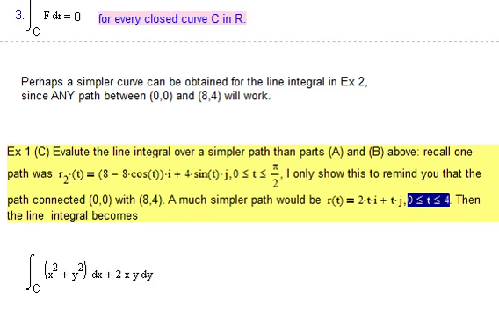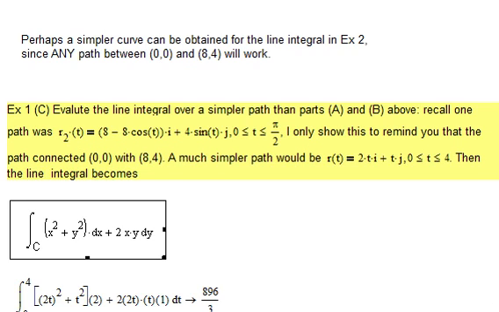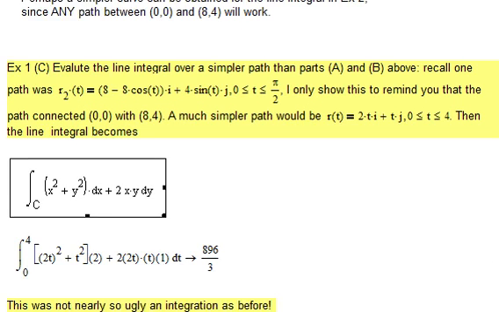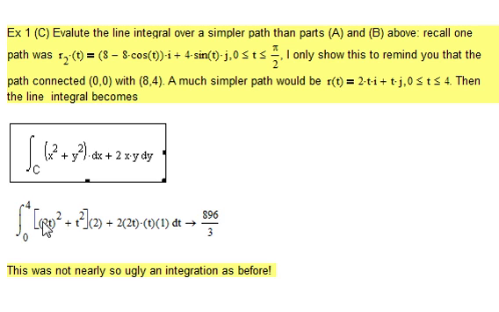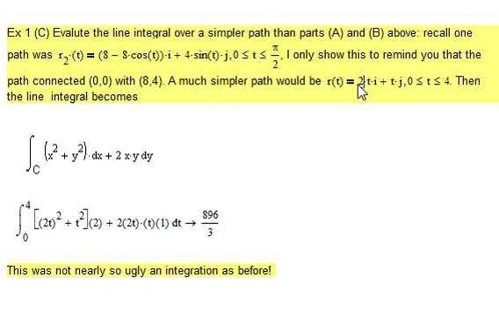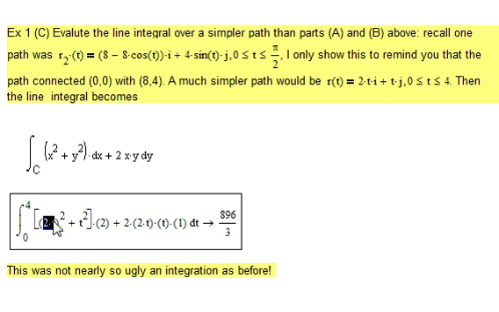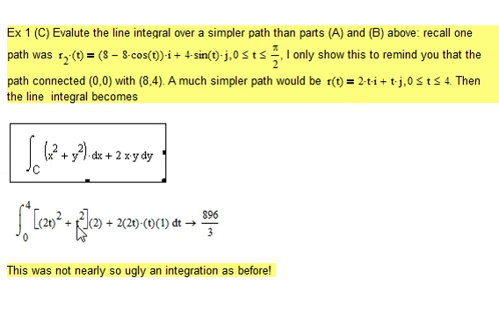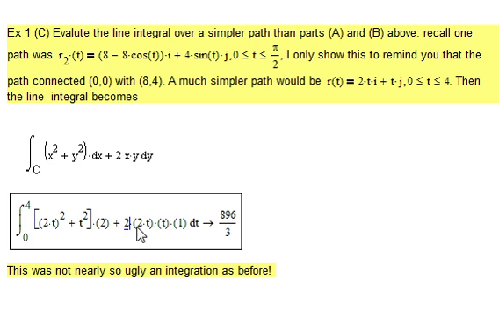And then the line integral is, remember, this was our function we were finding the line integral of. A simpler path would be this one. x is 2t, so x squared is 2t squared. y is t, so y squared is t squared, times the derivative of x, which is 2. And then 2xy dy: there's the 2, x is this, y is this, and dy, the derivative of t, is 1.